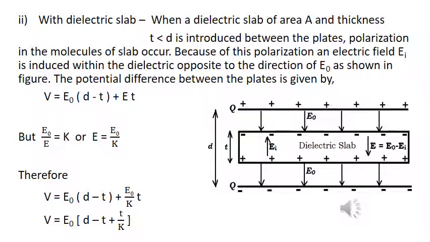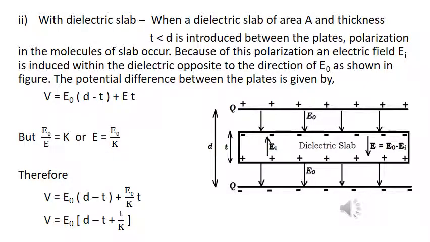When a dielectric slab of area A and thickness t, which is less than the separation between the two plates, is introduced between the plates of the capacitor, polarization in the molecules of the slab occurs, and because of this polarization, an electric field E I is induced within the dielectric opposite to the direction of E naught, and the effective electric field in dielectric slab becomes E is equal to E naught minus E I, as shown in figure.